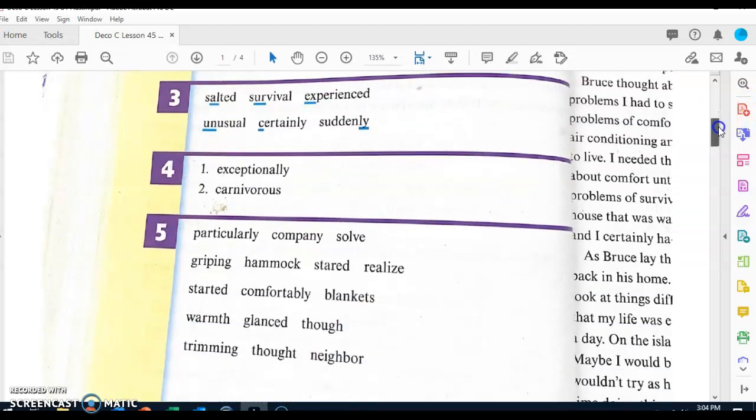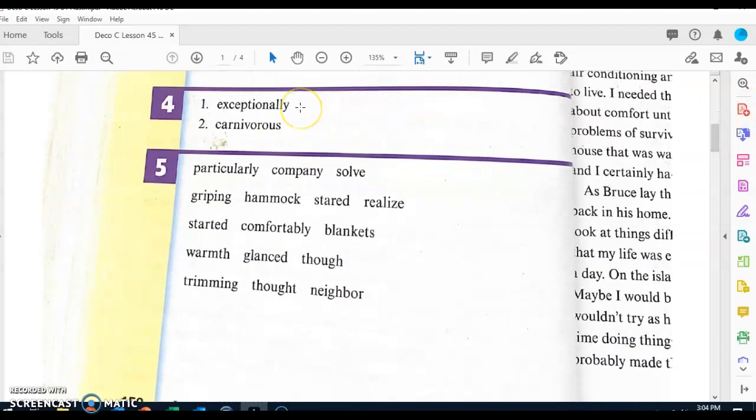Let's look at part 4, boys and girls. We're going to talk about what those words mean. Word number 1. What word? Exceptionally. Exceptionally is another word for unusually. What's another way of saying the job is unusually easy? Get ready.